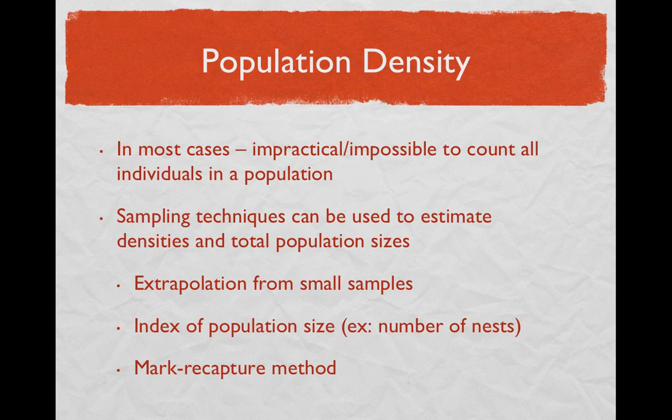So one of the things we've got to keep in mind is when we're talking about calculating population size in a given area to determine our density, it's not really practical to count every individual in that population. All right, and in some cases, not only is it impractical, it's just downright impossible. So we've got to have sampling techniques that we can use to estimate those densities, to estimate those population sizes.